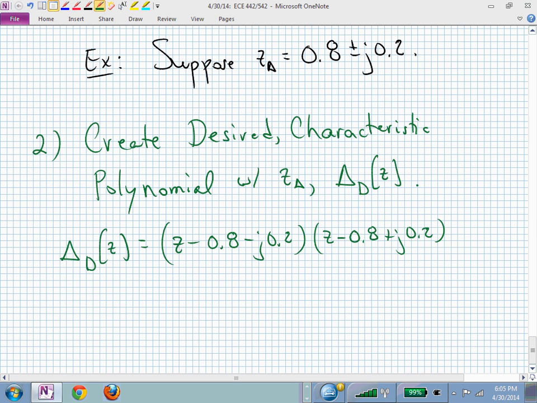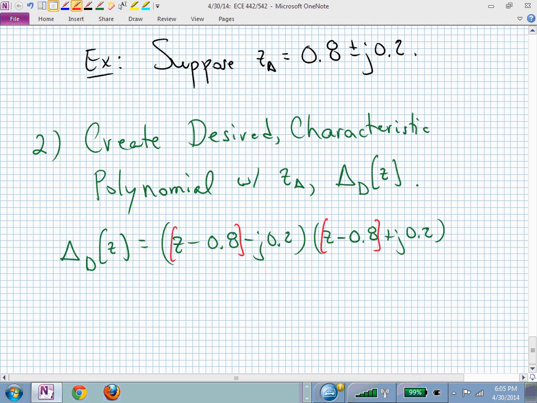And now we can multiply these out, but it's easiest if you collect these pieces in this way. Now just take the red pieces and multiply those with the imaginary pieces. And I hope you see that the cross product terms cancel because of this complex conjugate pole pair.